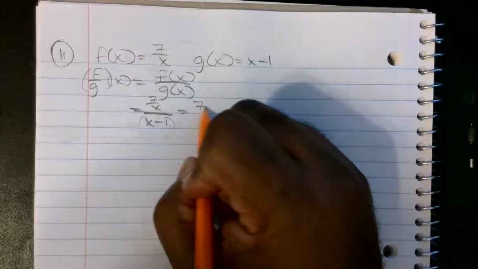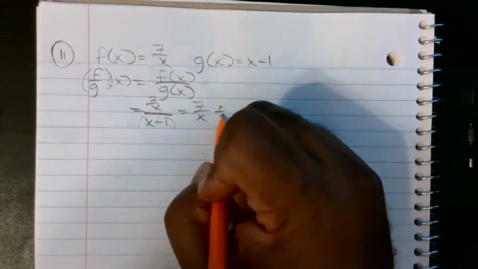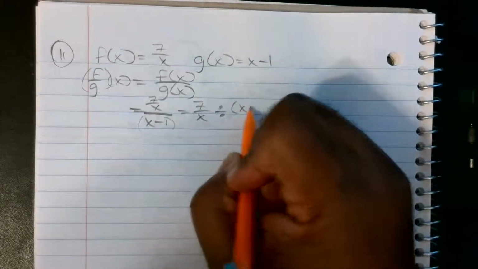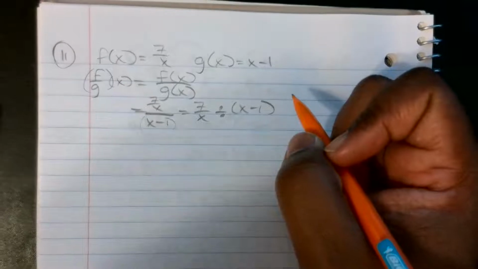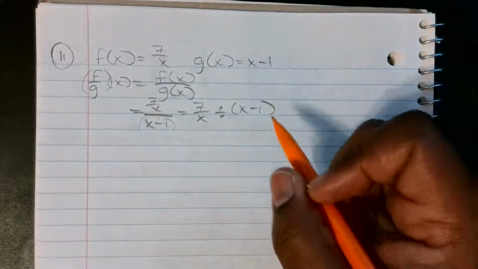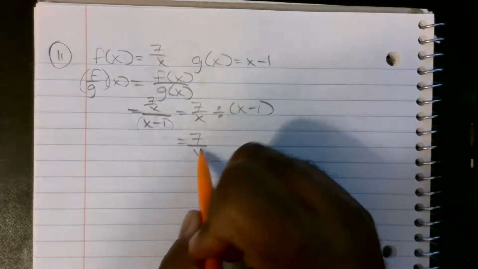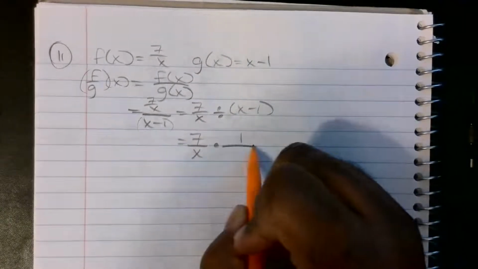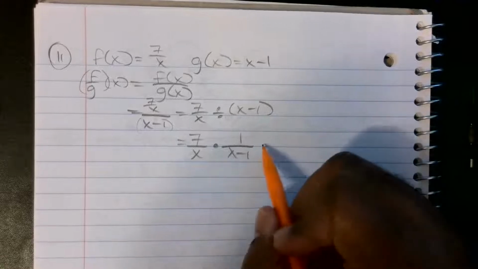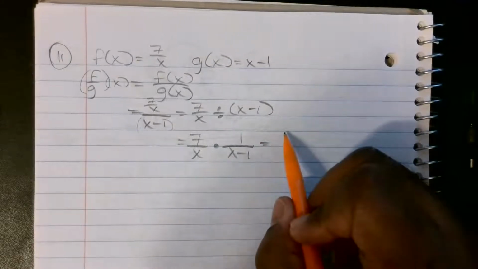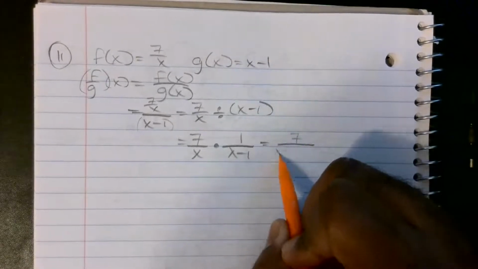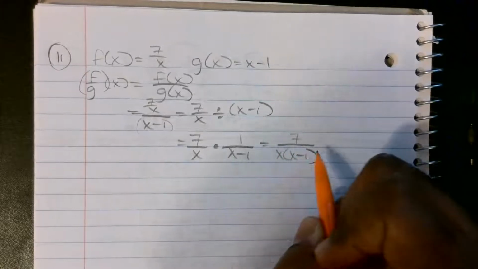So this is 7 over x divided by x minus 1, which is the same as, if you keep change flip, which I don't like, but y'all remember that, 7 over x times 1 over x minus 1.